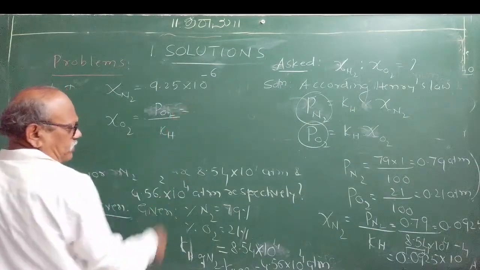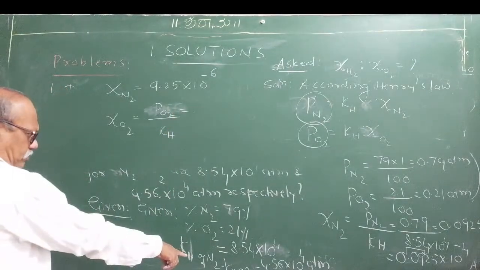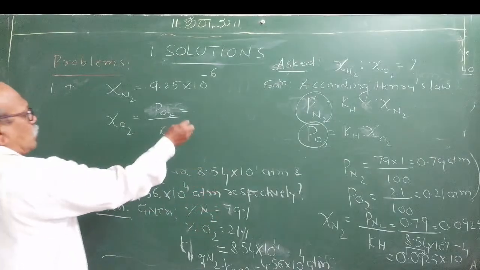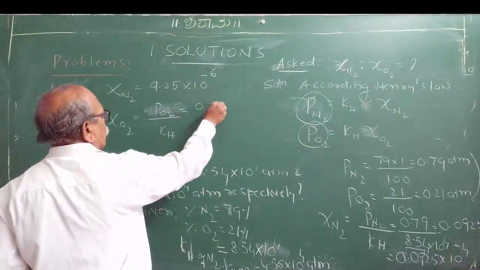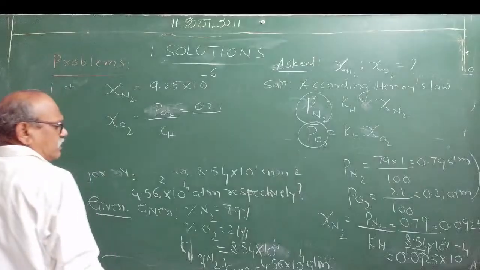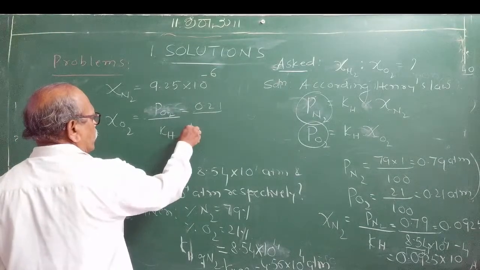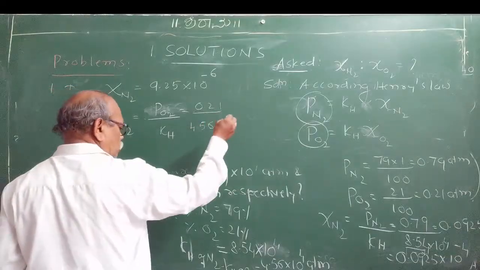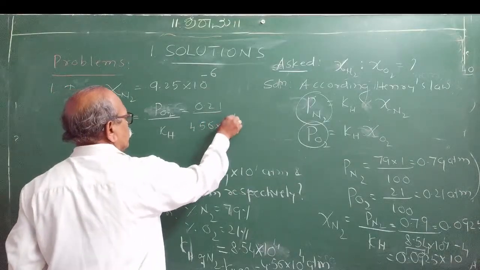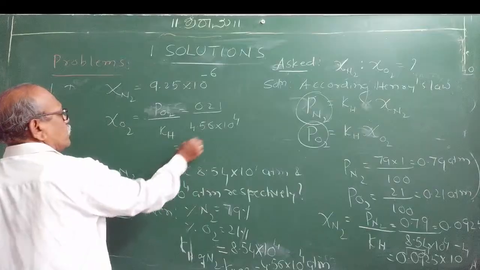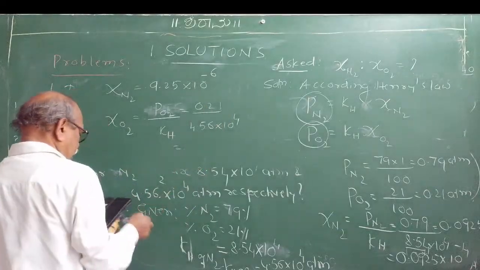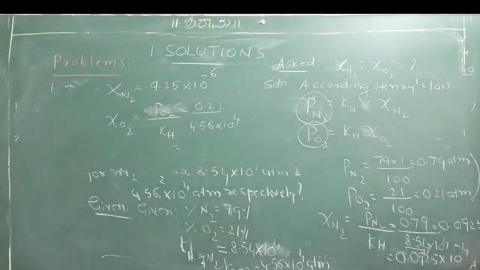What is the partial pressure of oxygen? Partial pressure of oxygen is 0.21 atmosphere, out of 1 atmosphere, you can easily calculate. KH value of oxygen is 4.56 into 10 raised to 4. Right? You can take 10 raised to 4 to the denominator and calculate the ratio.